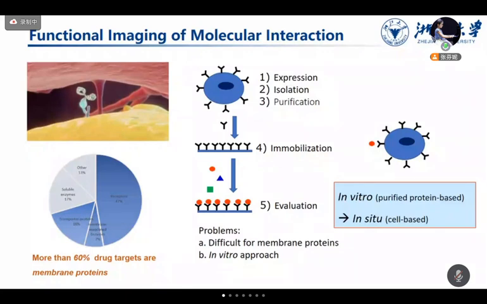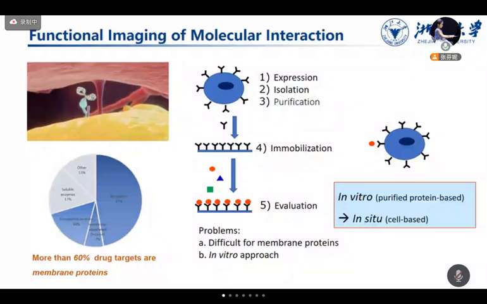But currently, when we screen drugs targeting these receptors, we have to express the target on cells, then isolate and purify it, which is a very laborious process. Also, sometimes when we get the membrane protein out, it loses its function and its structure. So there is a specific need.